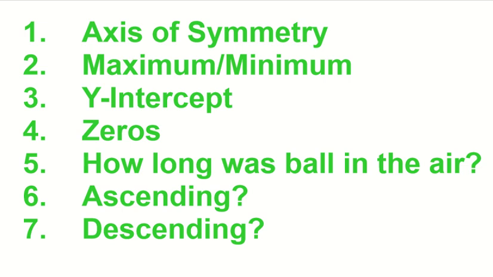The y-intercept, that's usually the easiest one. If they have the function, that's the c value. If they give you a graph, that's where it crosses the y-axis. The zeros, sometimes those are a little harder to get, but that's where it crosses the x-axis. How long the ball was in the air.